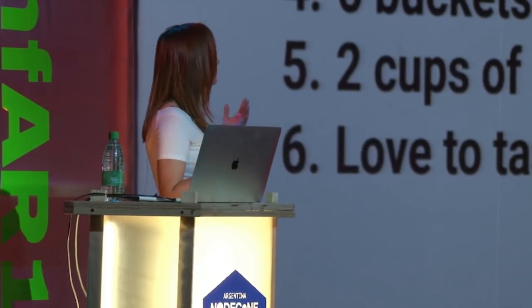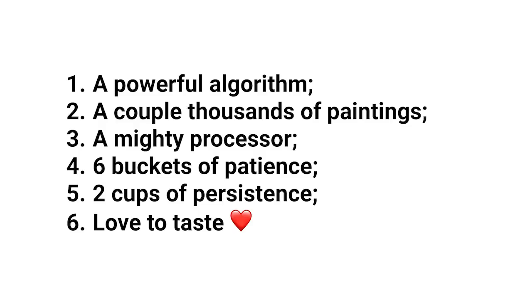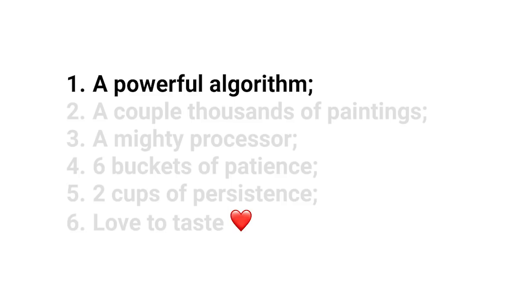And today, what we're going to do is generate new art images from previously existing artwork. And for this, we're probably going to need all these things. We're going to start with the, well, spoiler alert, the most important one is the 6. But we're going to start with the powerful algorithm.